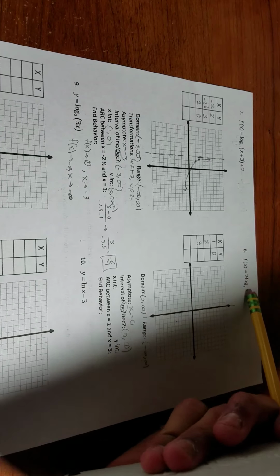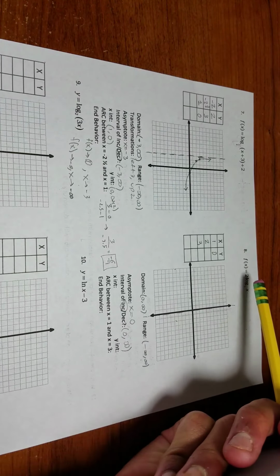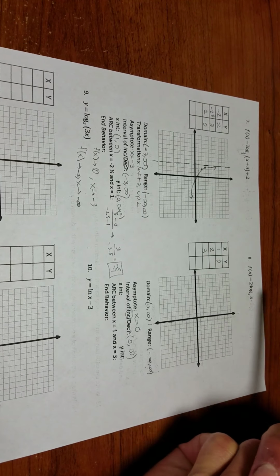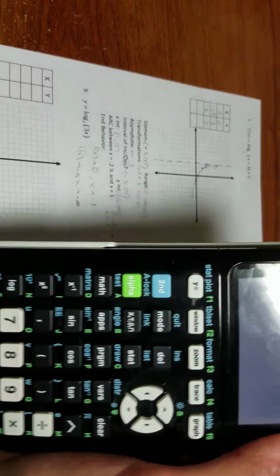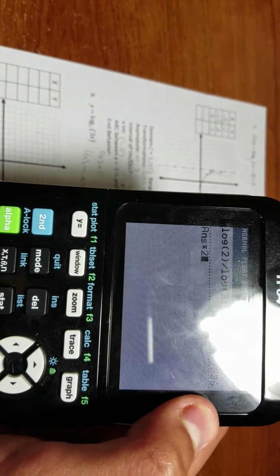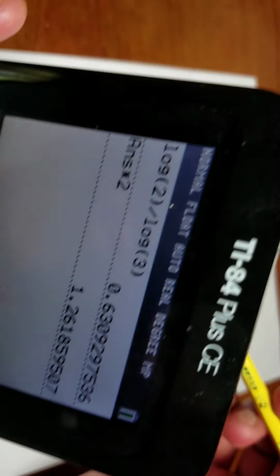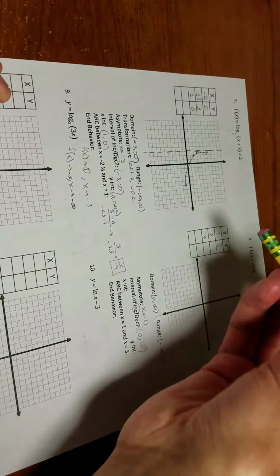There we go. That, and you have to remember there's still that times 2, if you can see here. So with that times 2, you're going to need to add that into it. So that's what you get without the times 2. Times 2 that. I'm doing it to the hundredths. 1.26.